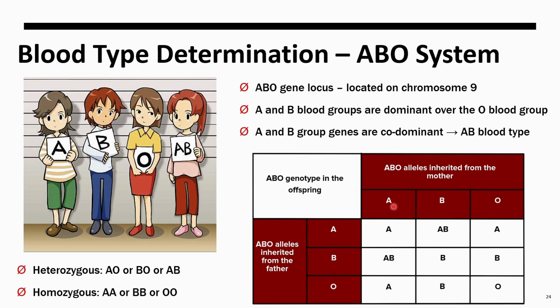If you get A from your mother and O from your father, your blood group will still be A because A is dominant over O. And if you get O from your mother and O from your father, your blood group will be O because it's recessive.